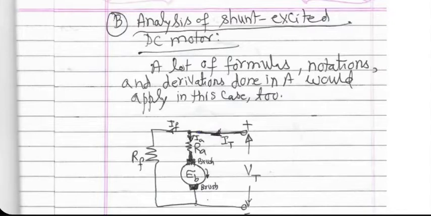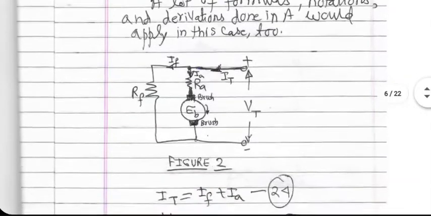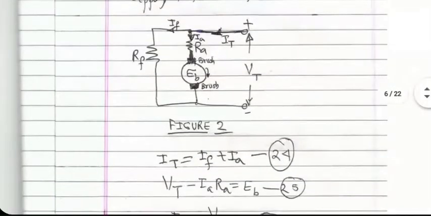That will be the third equation, as long as we define currents in the directions shown. So these are the equations that you would be using for figuring out the performance of a shunt excited DC motor.